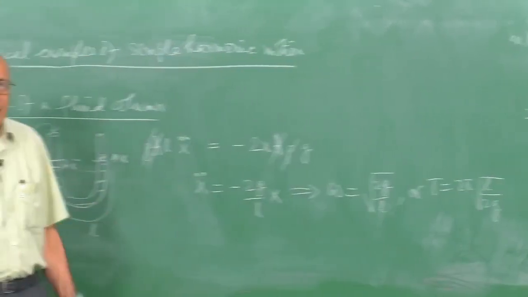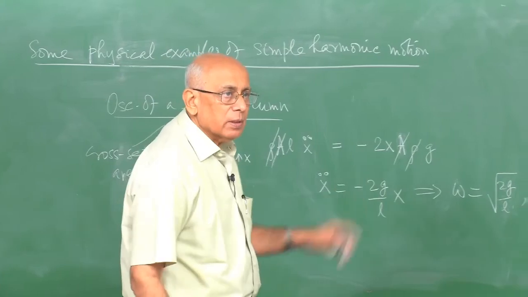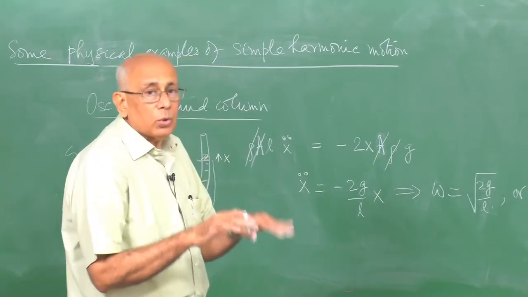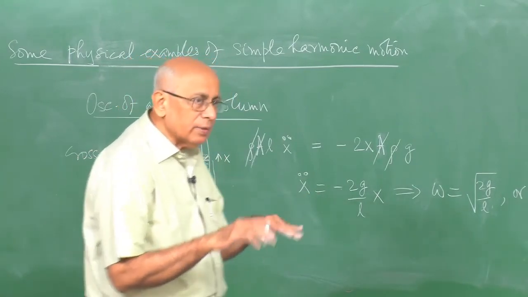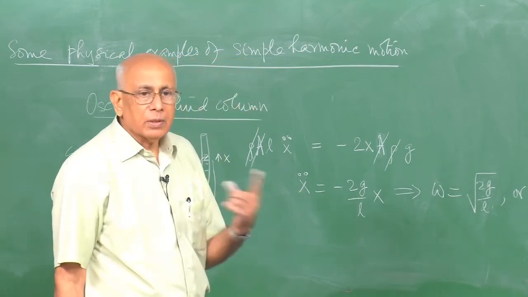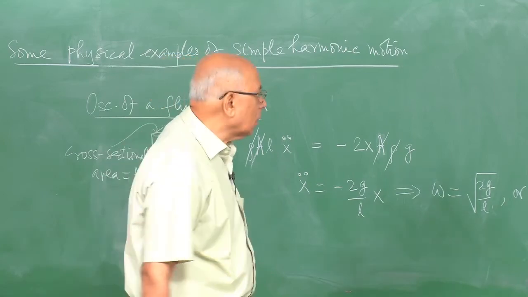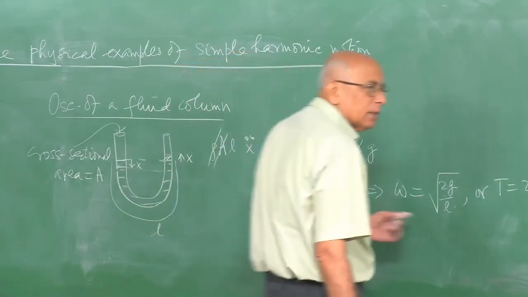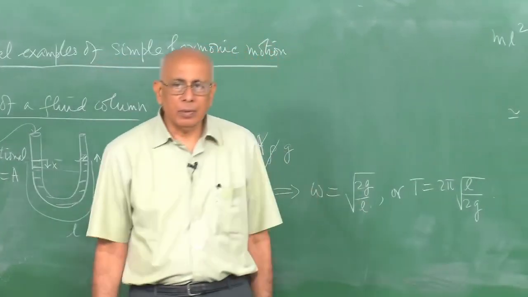So we can compute the time period of oscillation of this fluid element, assuming there is no damping. If there is viscosity, if there is stickiness and damping, of course it will damp out. The rate at which it damps will depend on the friction, and this we will discuss subsequently when we talk about damped simple harmonic motion.